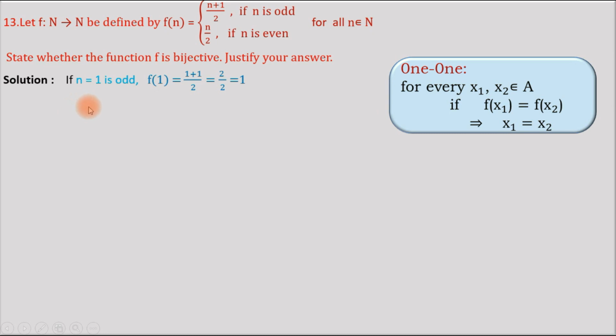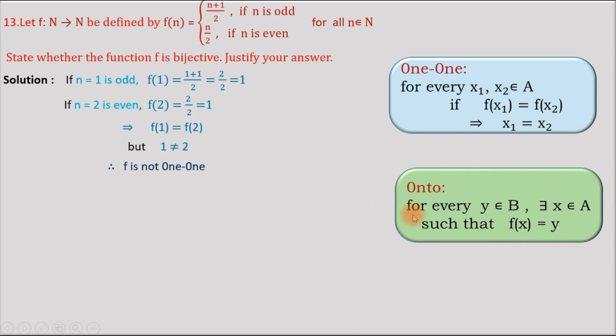And check for the case of even numbers. If n is 2 which is even, f of n becomes n by 2. Hence f of 2 becomes 2 by 2 which is equal to 1. Hence this implies f of 1 is equal to f of 2. It is of the form f of x1 equals f of x2, but x1 is not equal to x2, means 1 is not equal to 2. Hence the condition of one-one function fails. This function is not a one-one function.